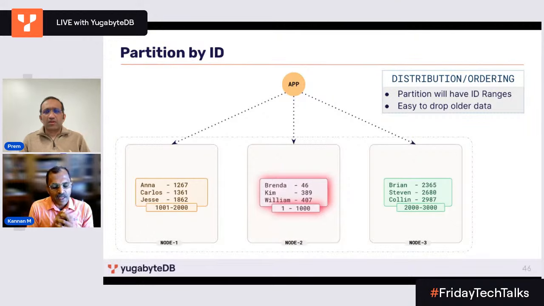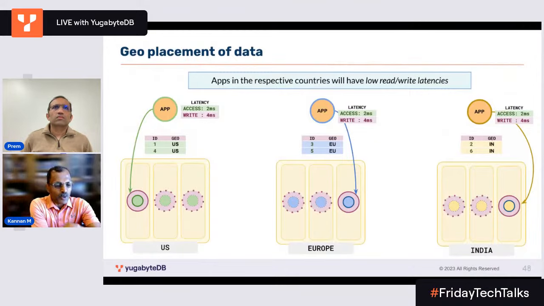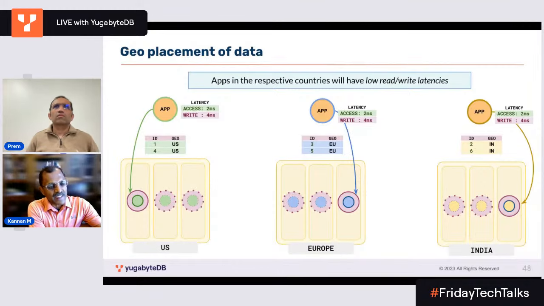But you may say, okay, why do I want to have different tables for people in different countries? That's where the notion of table spaces comes in, where you can say, hey, the table space for North America is pinned to nodes in the Yugabyte cluster that are in North America data centers.